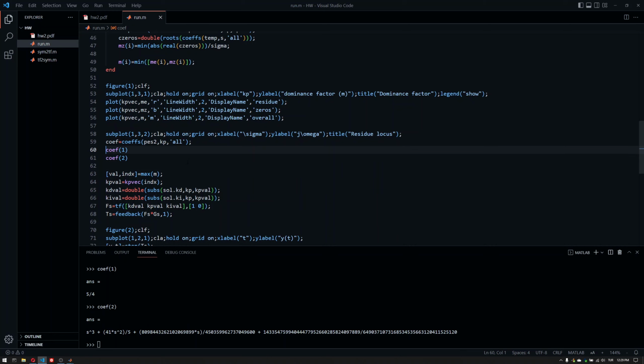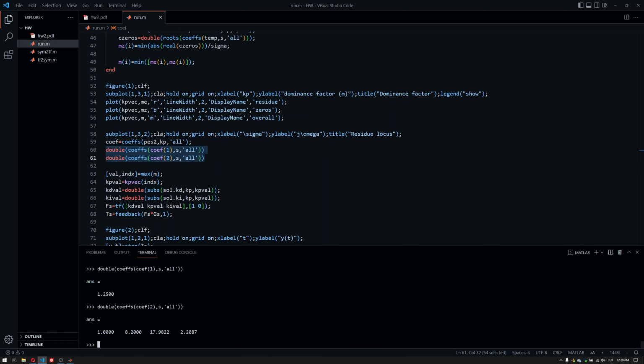Now the thing that is left is that I need to look for the coefficients of the given polynomial, s comma All, so I will get the necessary coefficients. Since I'm at it, I'm going to convert everything into double, because it should be double if they are just polynomials.